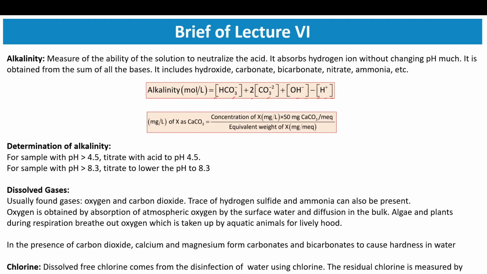Alkalinity is nothing but a measure of the ability of any solution to neutralize acid. Here we are talking about aqueous solution, obviously, but not only water, any water-based solution.